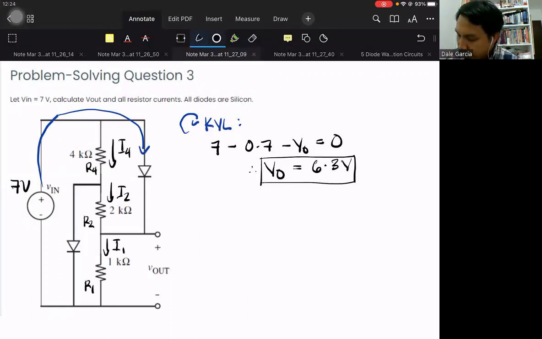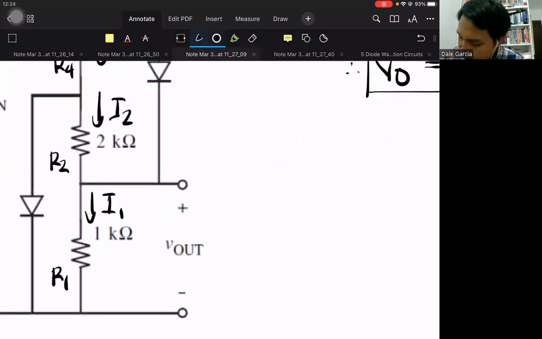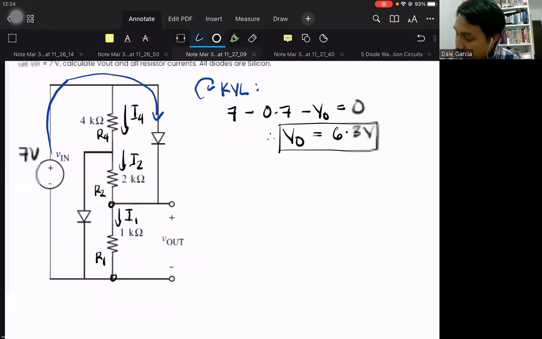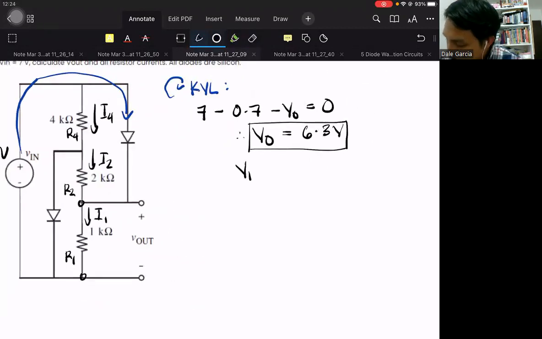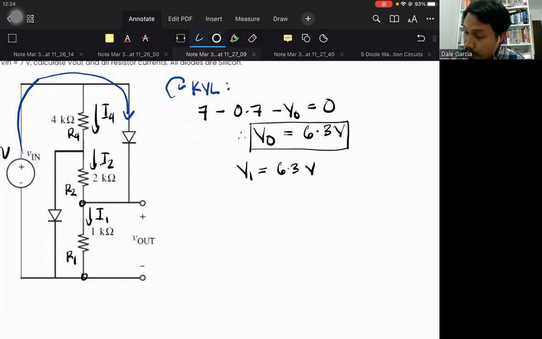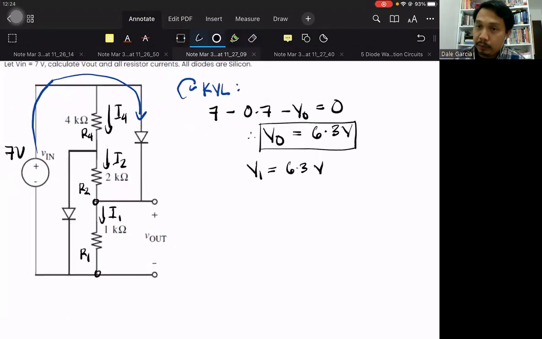Next. If Vo is 6.3, ergo V1 is also 6.3 volts. Now we can find V4, the voltage across the 4 ohm resistor.